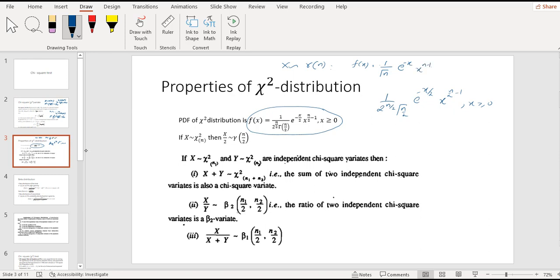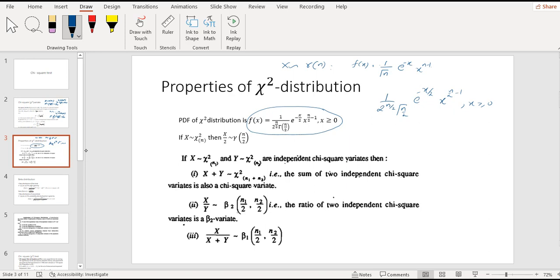This is the probability density function of the gamma distribution. So in this case, if I replace x with x by 2, then if x follows chi-square variate with n degrees of freedom, then x by 2 will follow gamma distribution with parameter n by 2 only.